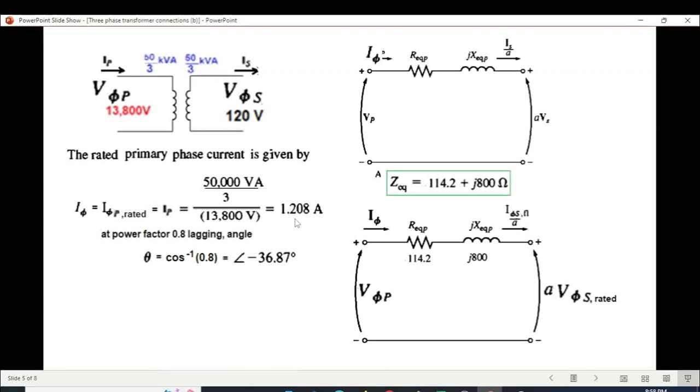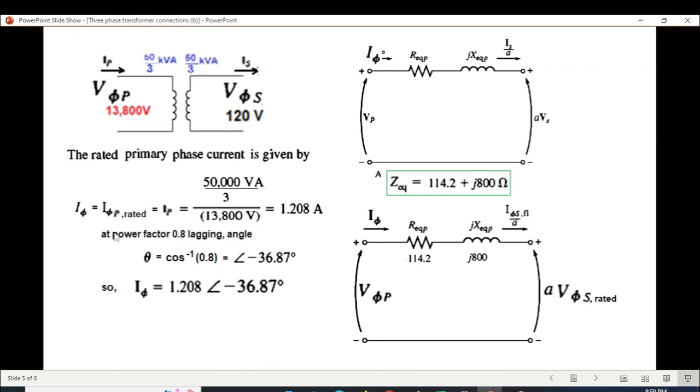Now the magnitude we have found. To find the angle, we'll use this formula, with power factor given to be 0.8 lagging. So theta is cos inverse of 0.8, so it will be 36.87. And since it is lagging, we have to use a negative sign.